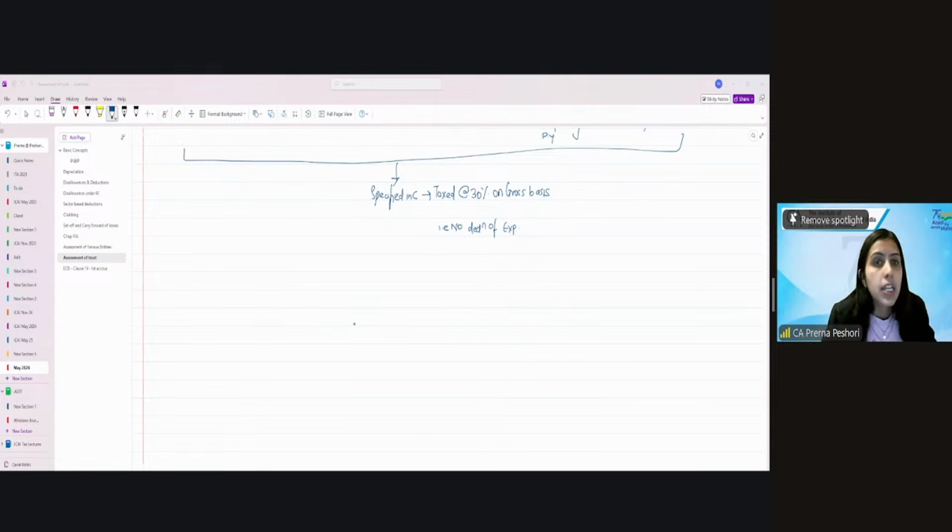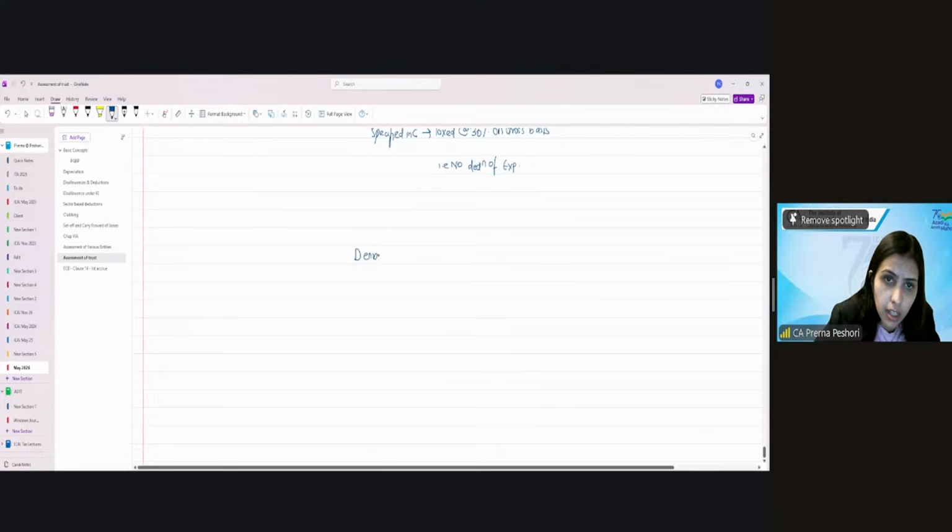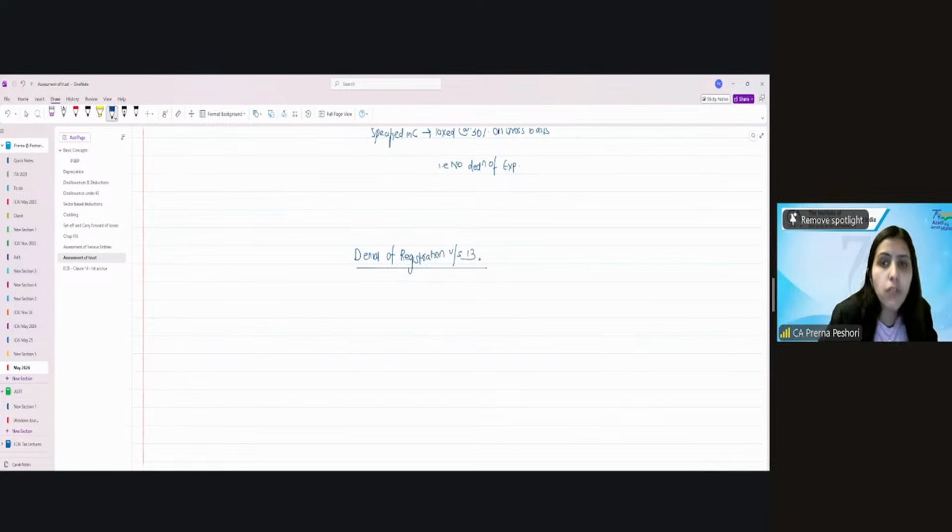Okay. Now, under section 13, the registration of the trust gets denied on fulfilling again certain criteria. So section 13 provides for the cancellation of the registration of the trust.